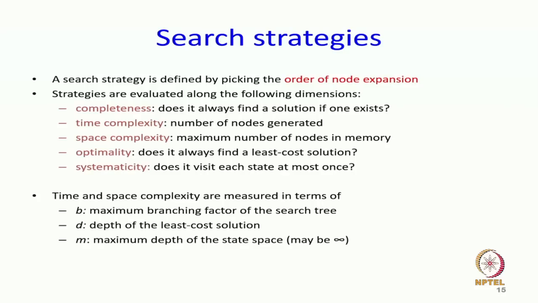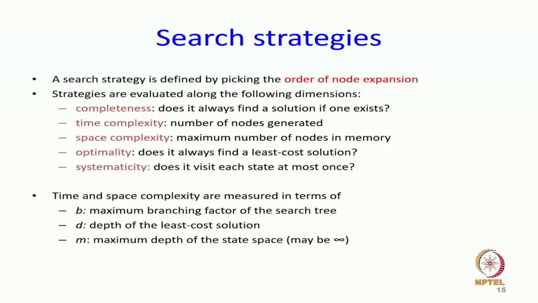B is the maximum branching factor of the search tree. For n queens, it may be n, and for n puzzle, it may be 4. So, B is the branching factor. How many actions can I take in a given node, in a given state? Then M would be the maximum depth of the tree.